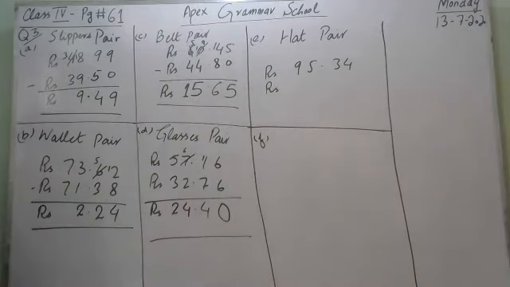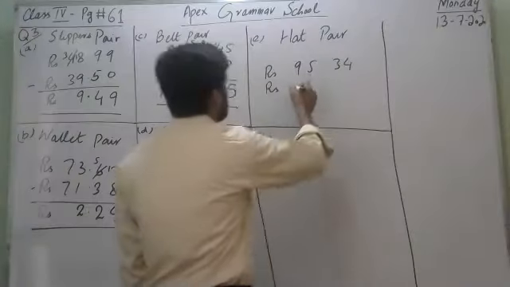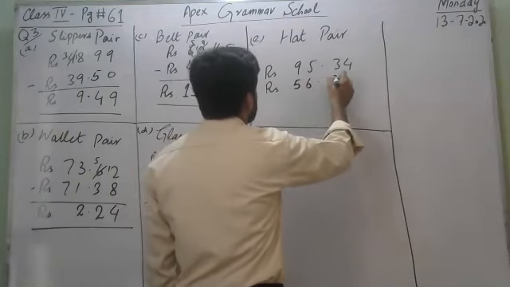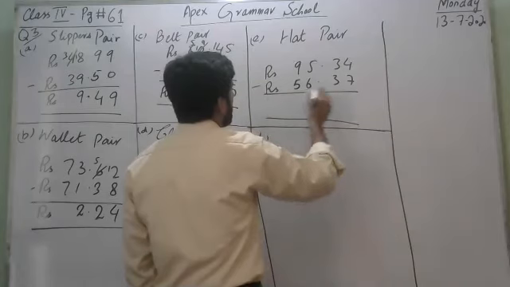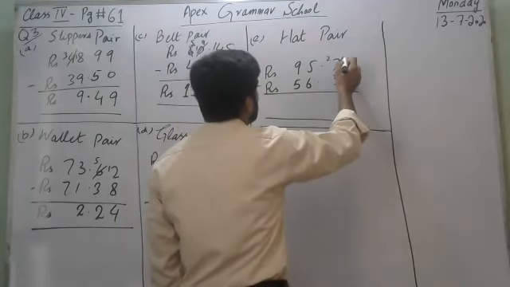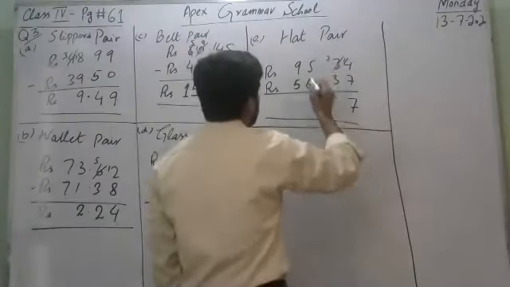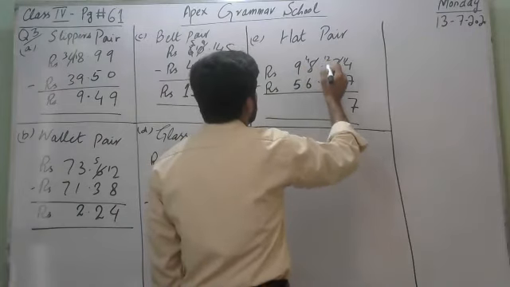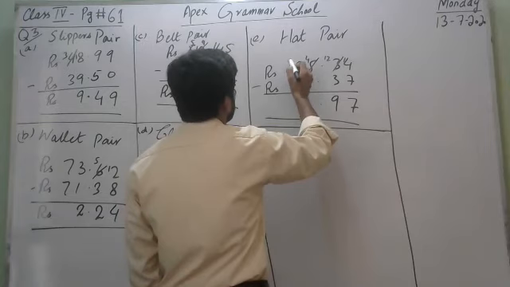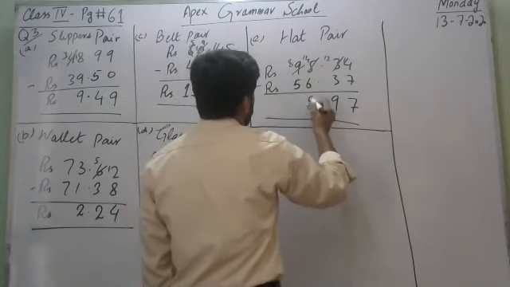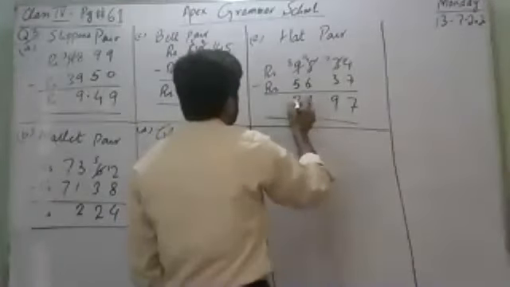Price of second hat is 56.37. Fourteen minus 7 is 7. 12 minus 3 is 9. Decimal as it is. 14 minus 6, 8. And 8 minus 5 is 3.